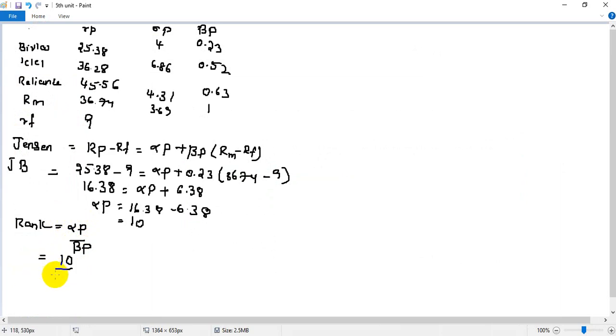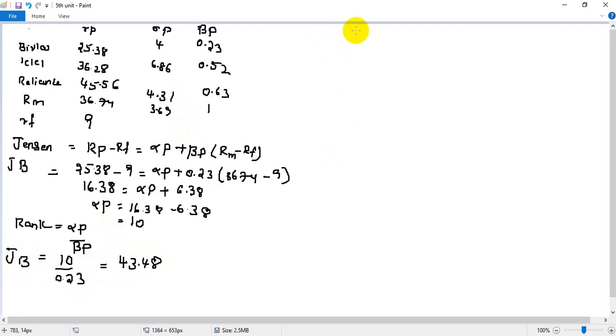So 10 divided by 0.23, where 0.23 is the beta given over here. How much will it come to? 43.48. This is the Jensen performance of Birla.